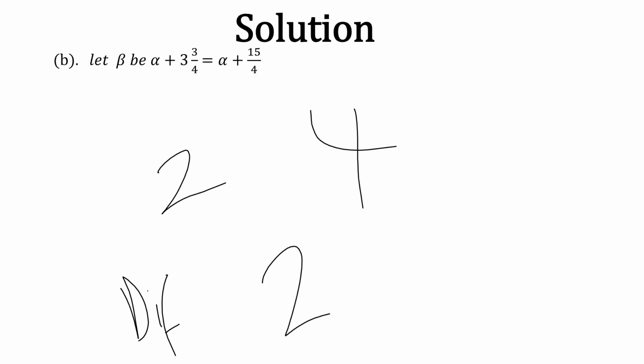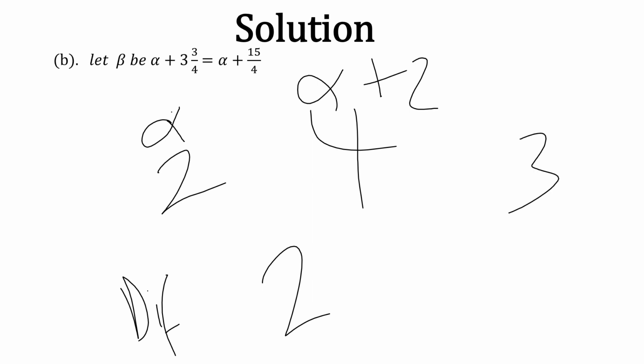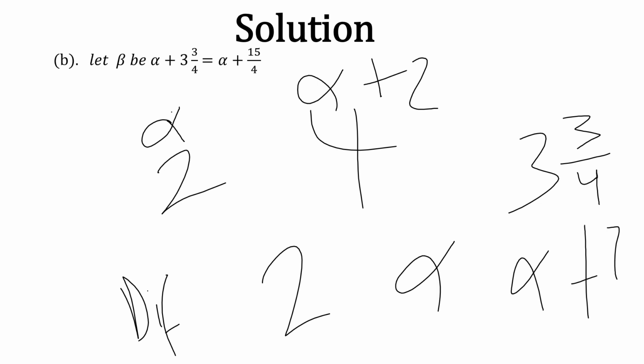So let's say in this case one is alpha, and the other is alpha plus 2. As we said, the difference is 3¾, which is equal to 15 over 4. If one is alpha, then the other will be alpha plus 3¾, considering the fact that beta is bigger than alpha.